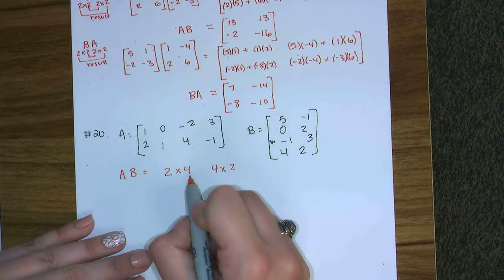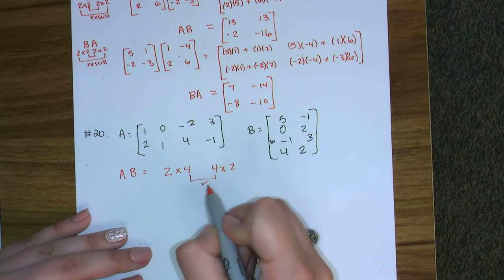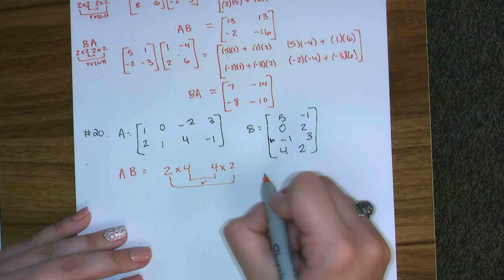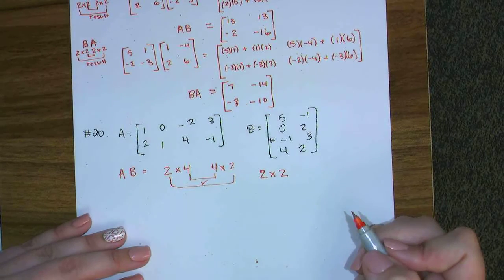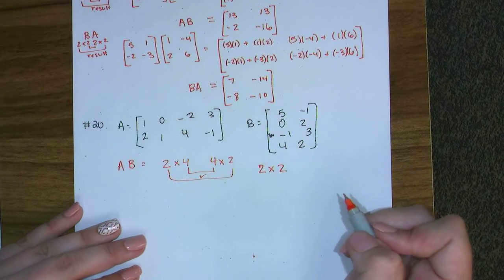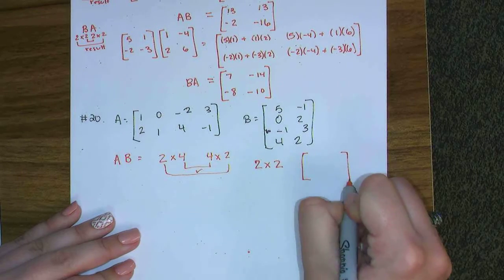These two match, so first of all, you're showing that that's good, and so then the resulting is a 2 by 2. So we're going to end up with a 2 by 2. And then that matrix is going to end up giving us an answer, which we'll get in just a second.